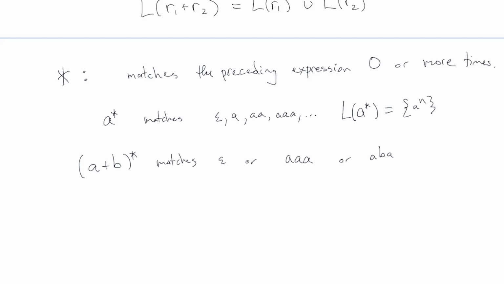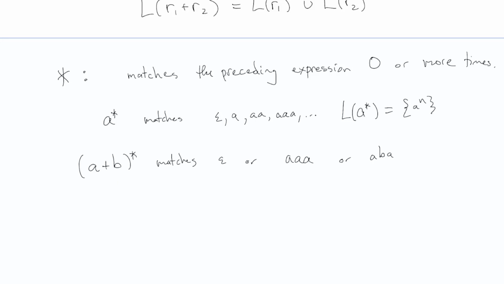It just means you run through this expression as many times as you want and match whatever that matches as many times as you want. So can anyone describe, just in words, what are all the strings that this would match? Like, for instance, does it have to start with an A? I don't think so. What are the requirements?